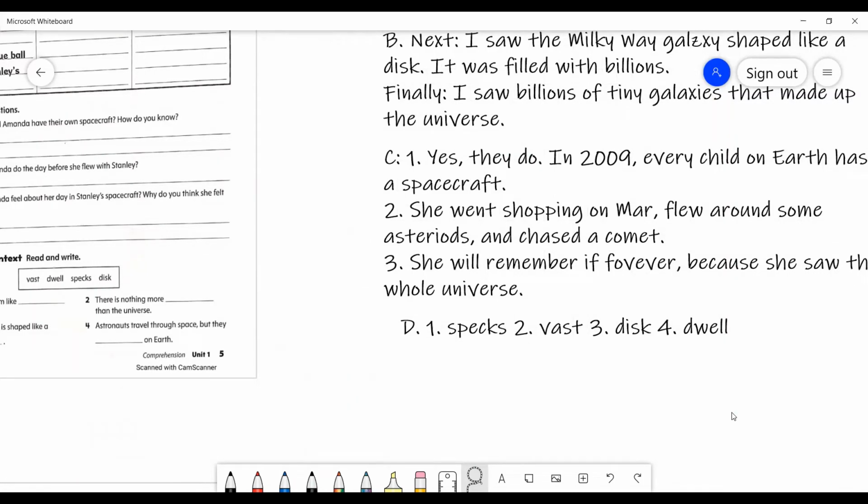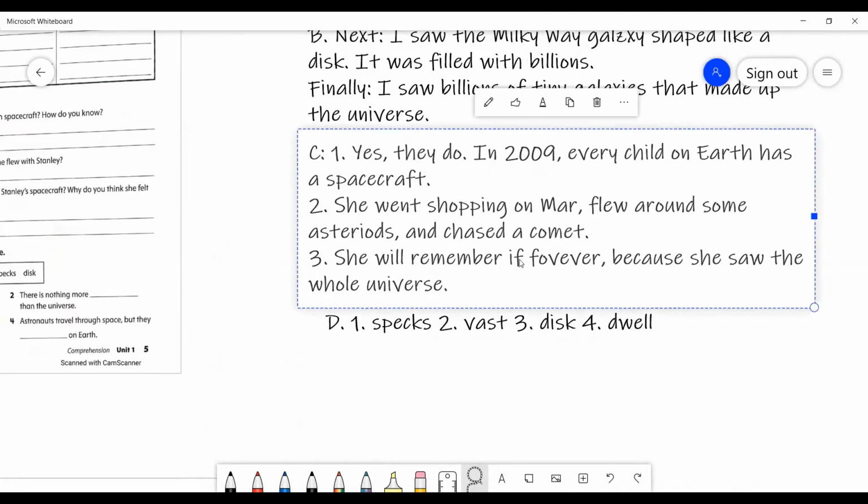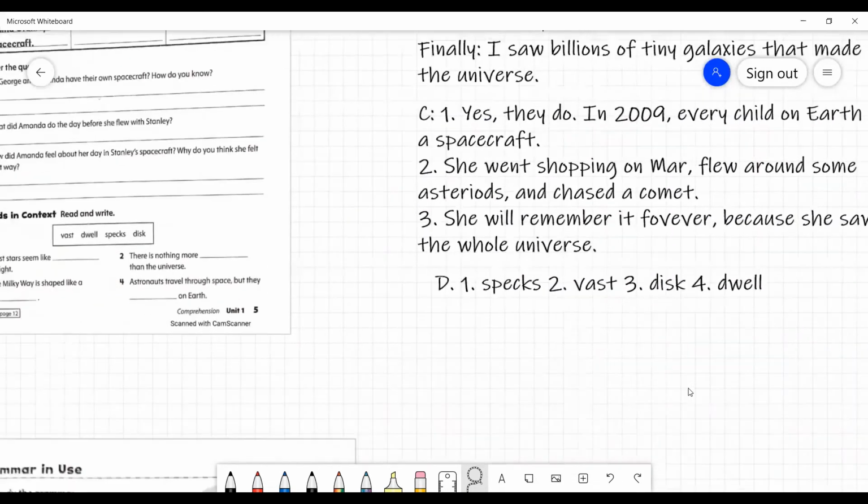She will remember it forever because she saw the whole universe. Here should be it, sorry, because this is written F. So she will remember it forever because she saw the whole universe.